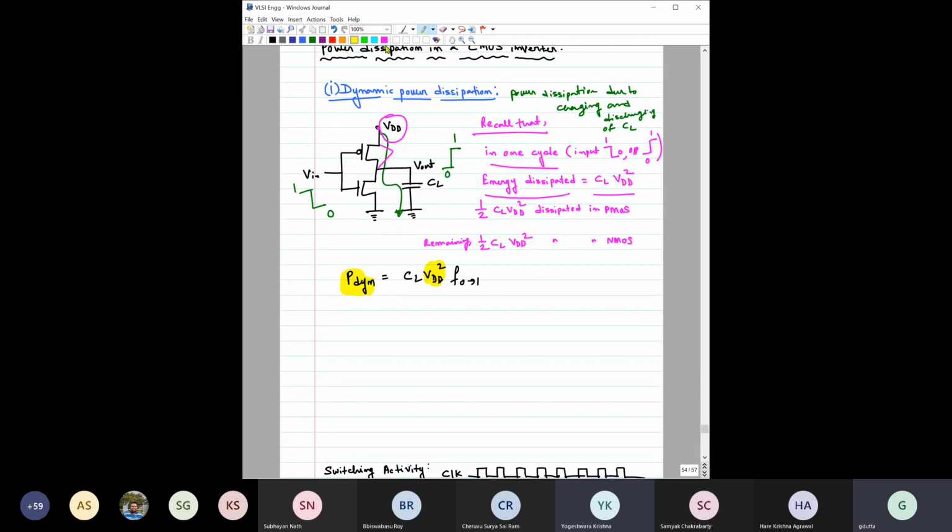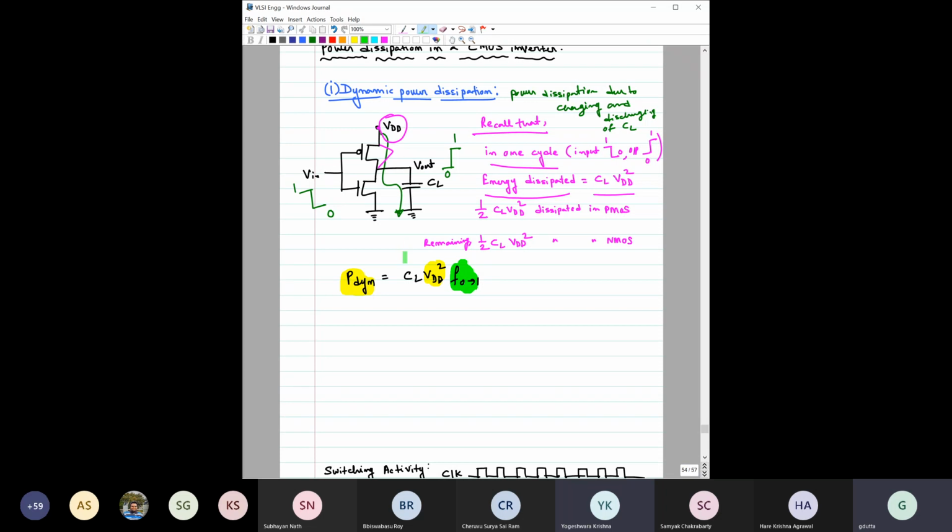And also one more thing, what about this part? The frequency. Frequency means how the output is changing. This is again related to the clock: if you are considering any digital circuit, there will be some clock.